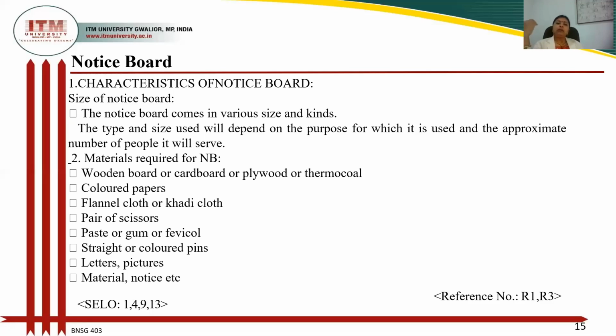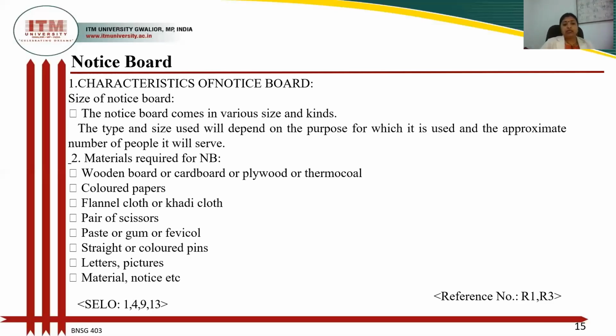Now, what are the materials required for the notice board? You have seen a notice board. What is it made of, and what materials is it prepared with? We need a board, which may be a wooden board, cardboard, or plywood. Then we need colored papers, and a cloth, either velvet or khadi cloth.